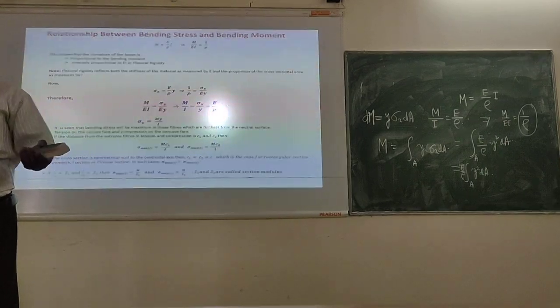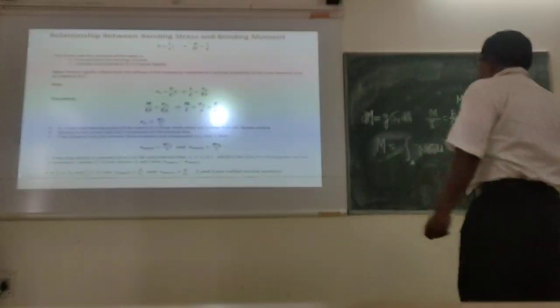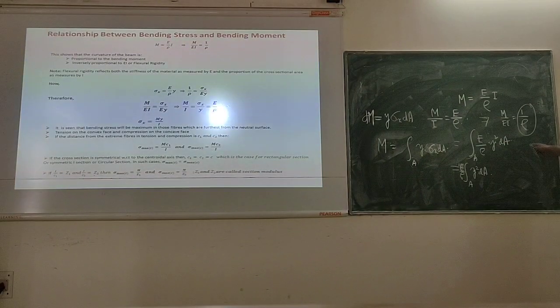So bending moment is directly proportional to curvature. On the other hand, 1 by rho, the curvature, is in the denominator with EI, so it is inversely proportional to the flexural rigidity EI. Have you understood?